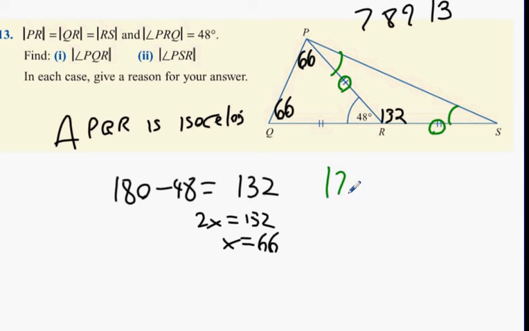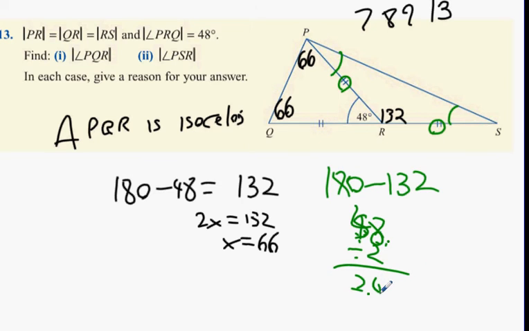So 180 minus 132, 48, yeah, divided by 2. So 48 divided by 2, 24. So 24 and 24.